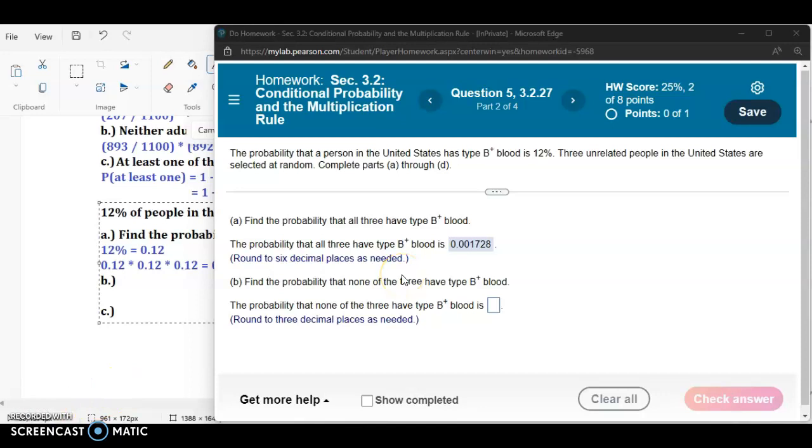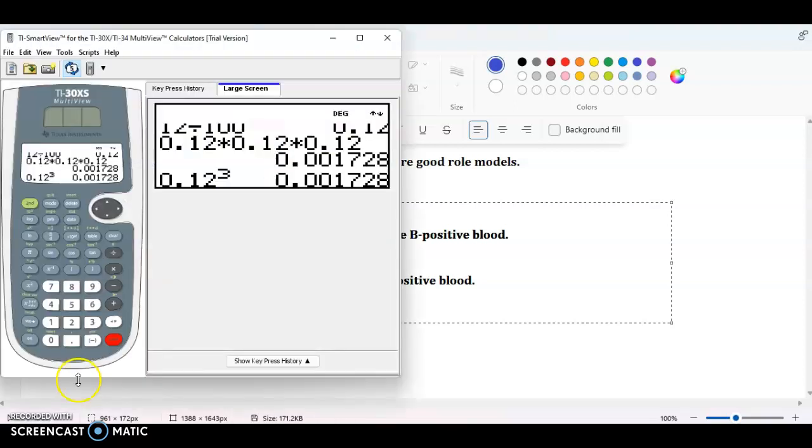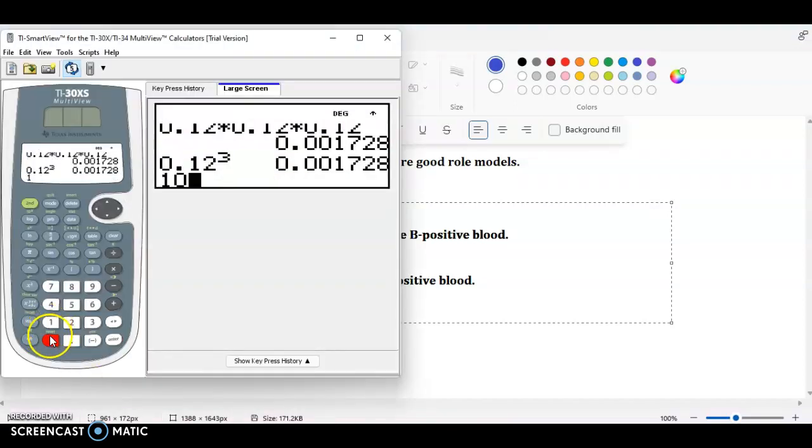Okay, so now we are asked in part B to find the probability that none of the 3 people have B positive blood. So this part of the question involves complements. We've talked about complements a little bit before. So if 12% of the population has B positive blood, then what percentage don't have B positive blood? You can just quickly do a mental calculation.